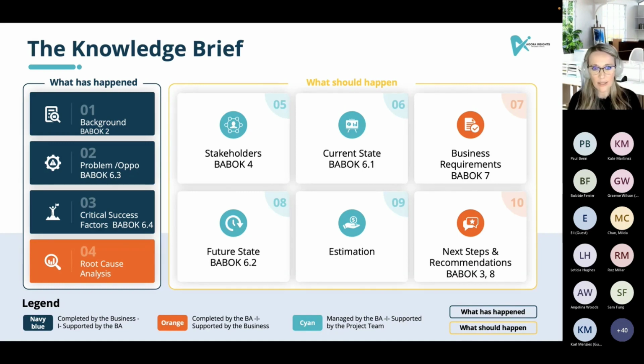Now, I want to add that everything in the knowledge brief is flexible. It's not saying you have to do box 1 first. It's advised, because that's why it's called 1. But you will find as you go through a project, things will change and things will move.